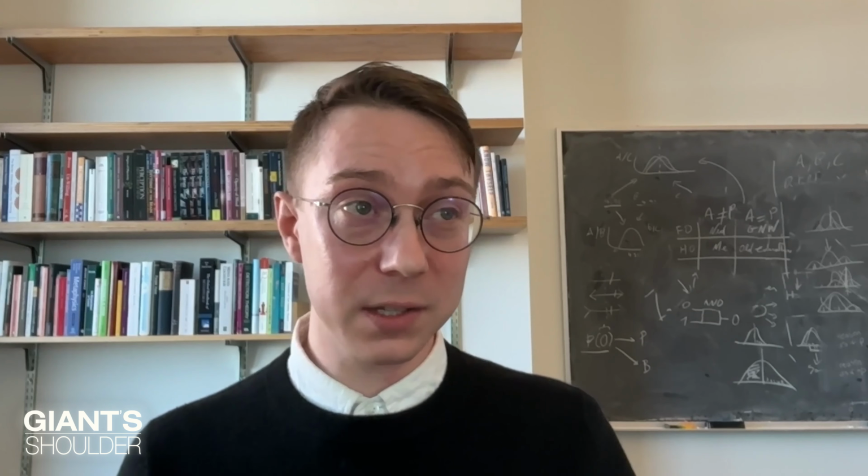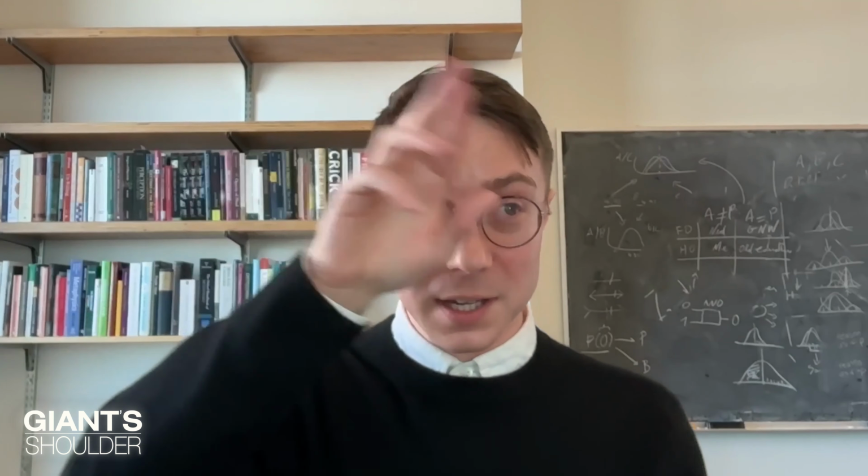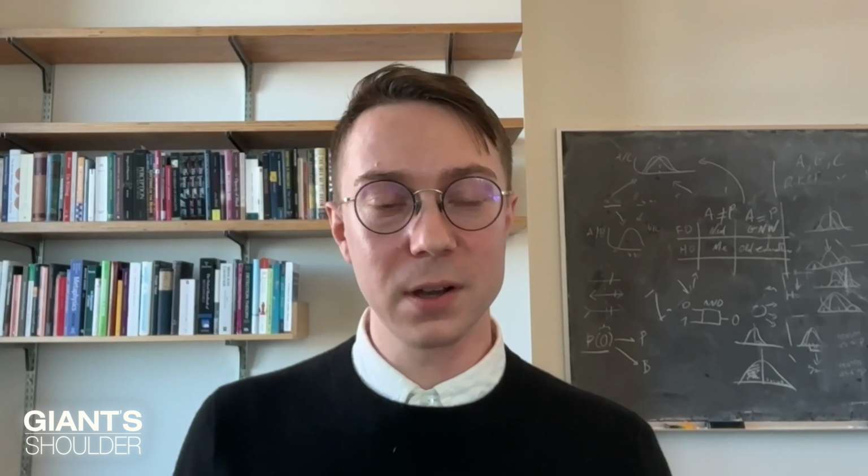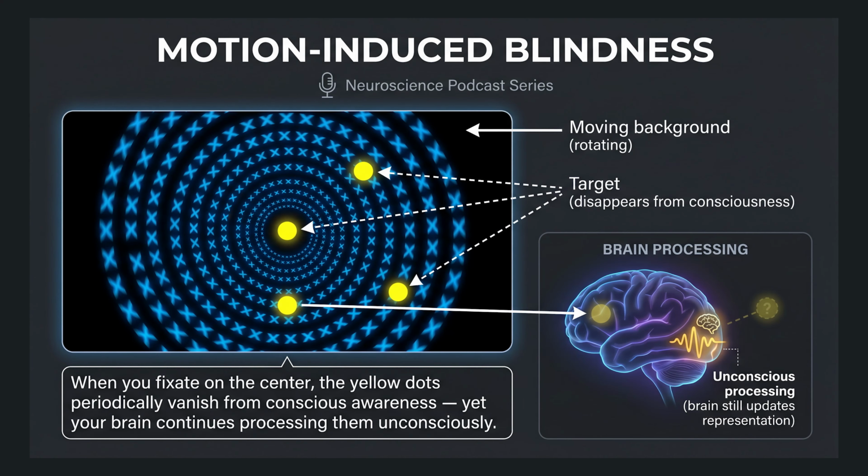Another thing is, you always have junk floating around in your eye, but most of the time you don't see that at all. So somehow your brain must erase all that stuff. A good example is the phenomenon of motion-induced blindness.